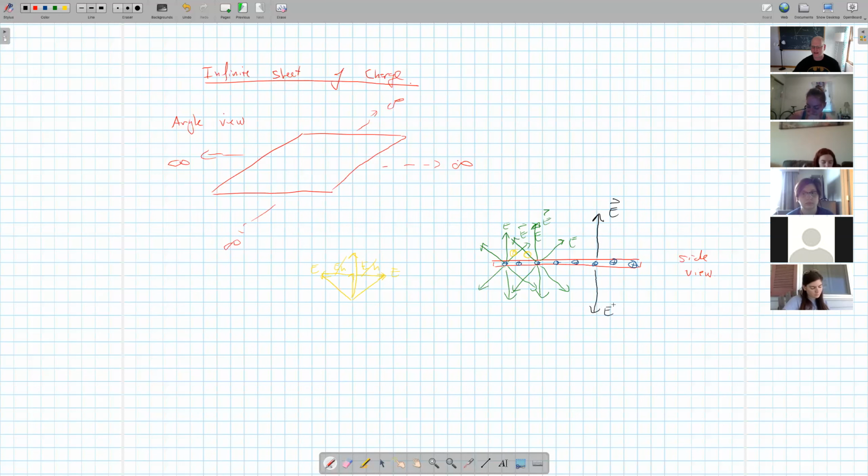So I get electric field lines which only point perpendicular to the surface. If I'm looking at this angle, my electric field is only going to point upward, or in this case, straight downward. So this is my electric field. For an infinite sheet of charge, the electric field is perpendicular to the surface.